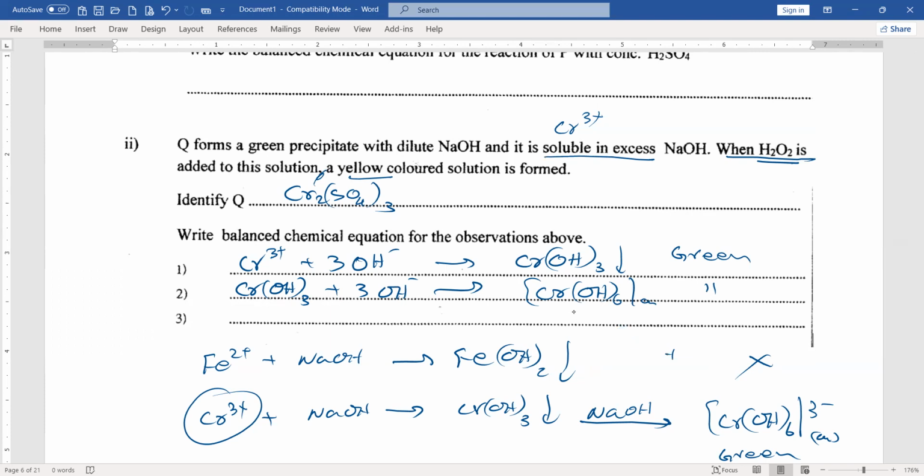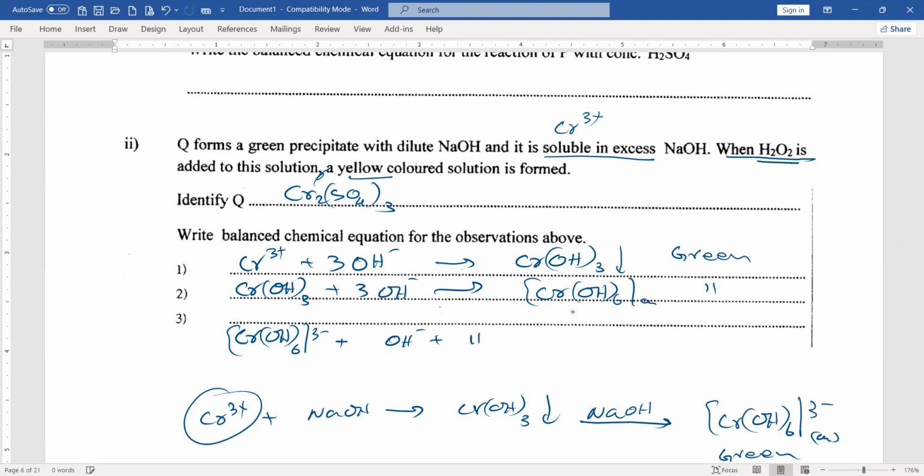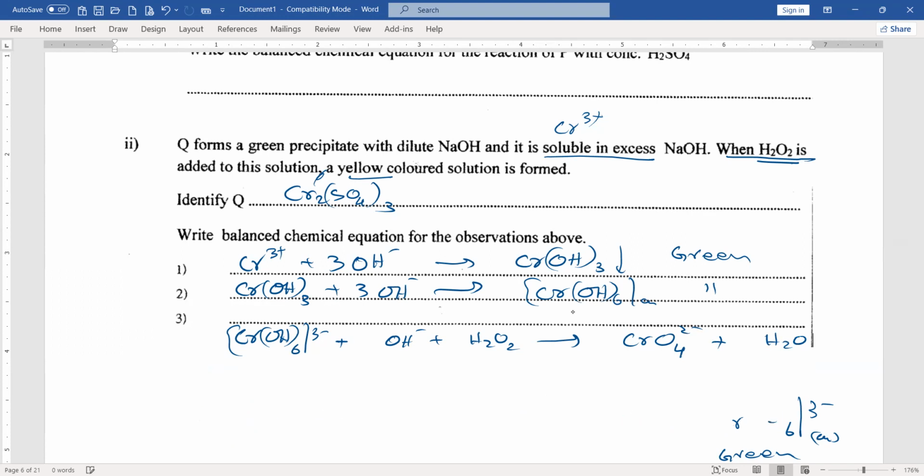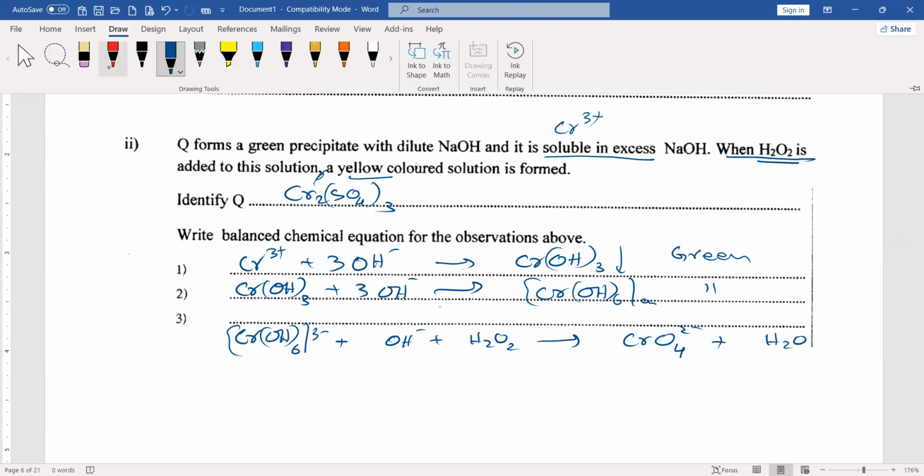Yes, it will oxidize to Cr6+, like this: [Cr(OH)6]3- plus OH minus plus H2O2 will give us CrO4 2- plus water. Then you can balance it. Here the oxidation number is +3.